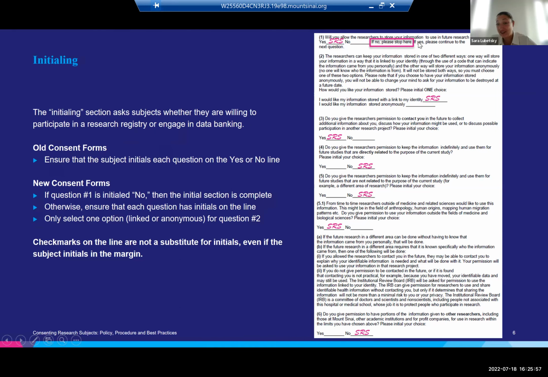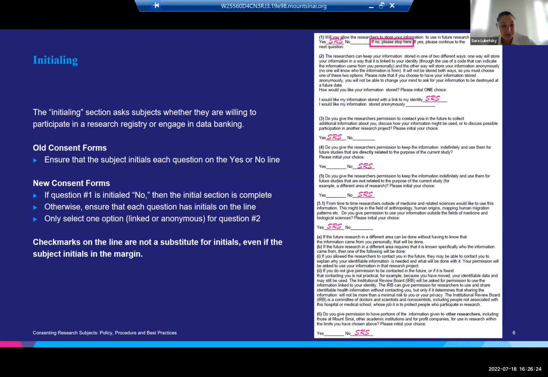If there are instructions that say, no, please stop here, then you should stop there and not ask the rest of the questions. However, assuming you are not supposed to stop here, then you should fill every single question out. None of these should be left blank. They should always have the subject's initials, not, for example, a check mark.